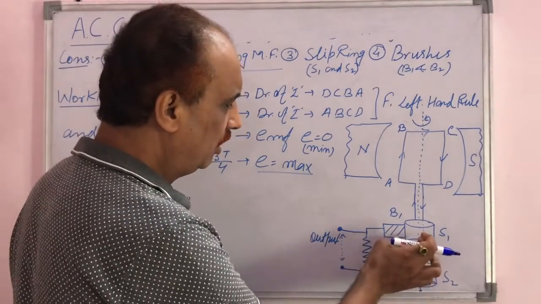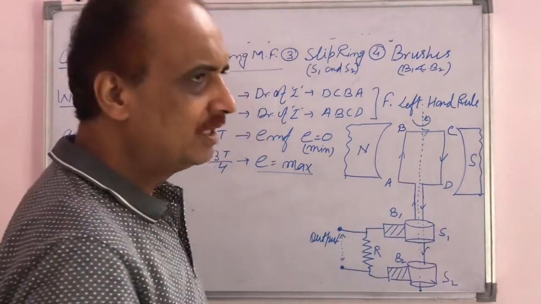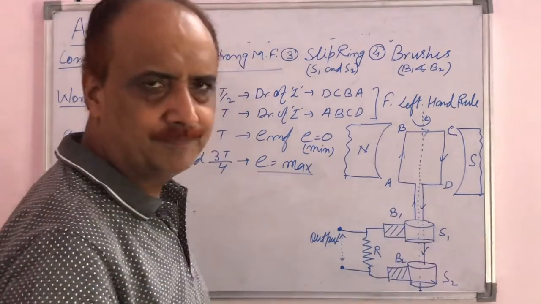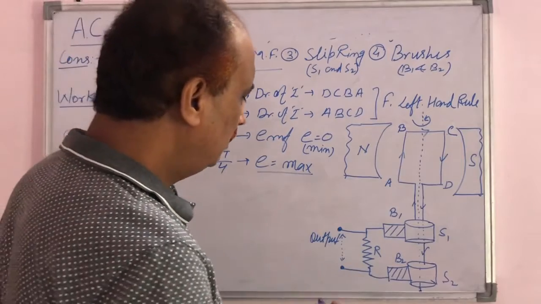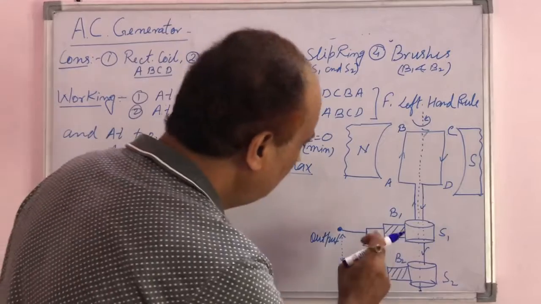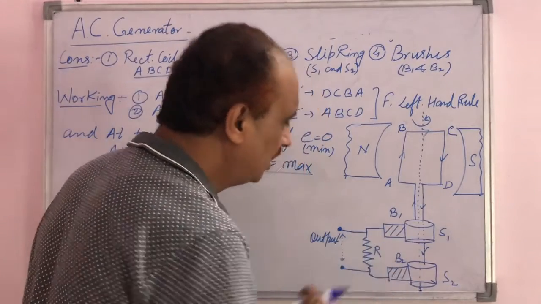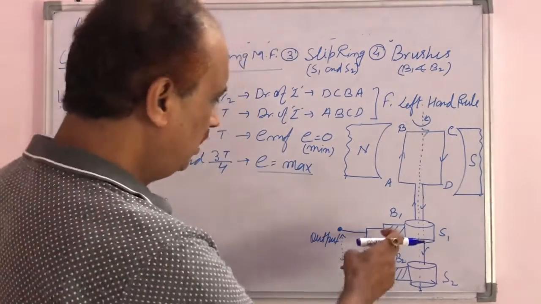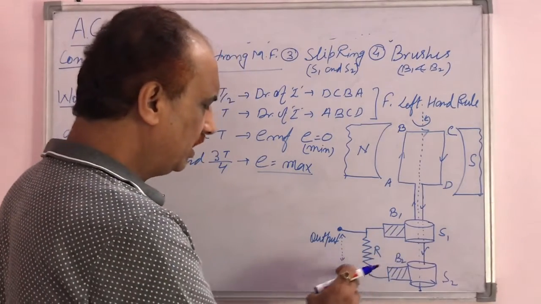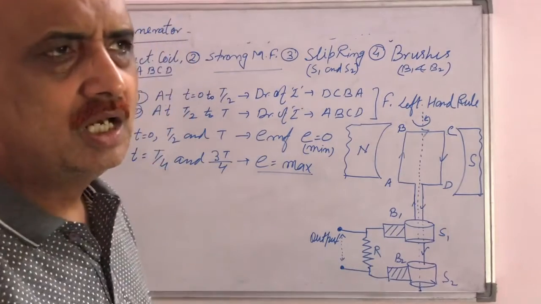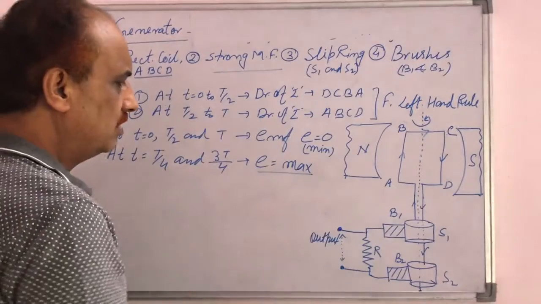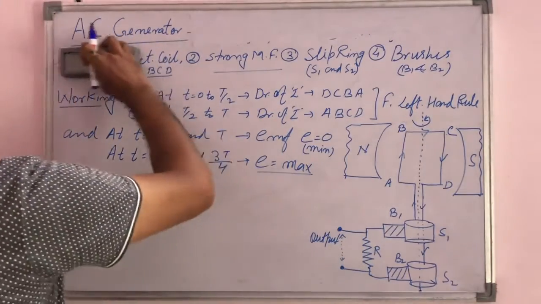These brushes are always in contact with the slip rings, even when the slip rings are moving with the armature of the coil. These two slip rings are connected with the load resistance R, and across the load resistance R, the output is obtained. So this is the construction of the AC generator.